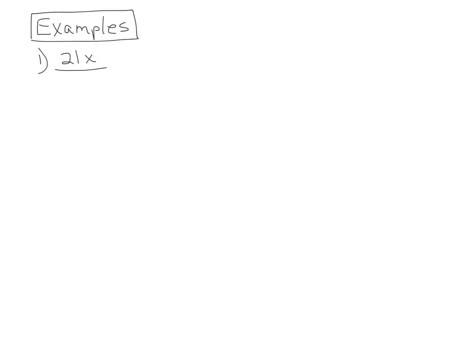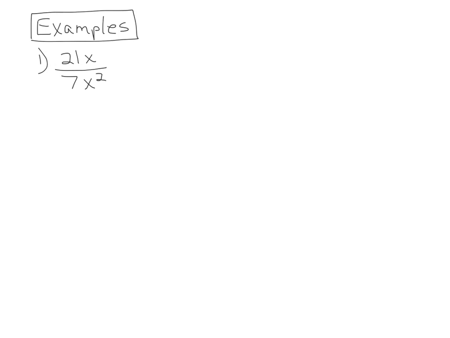So here are some examples. Okay, number 1. Let's say you had 21x divided by 7x squared. Okay, you're supposed to look to see if you can factor.